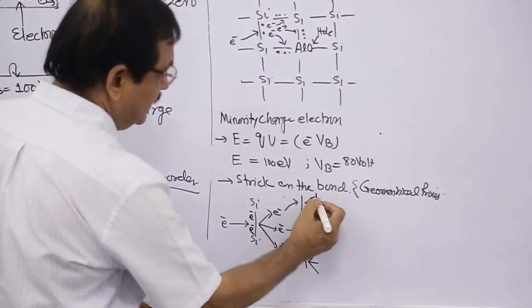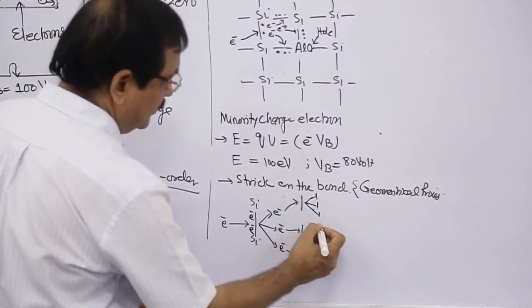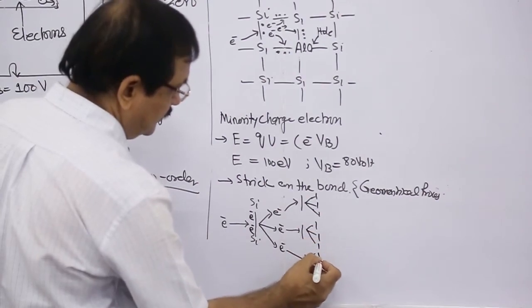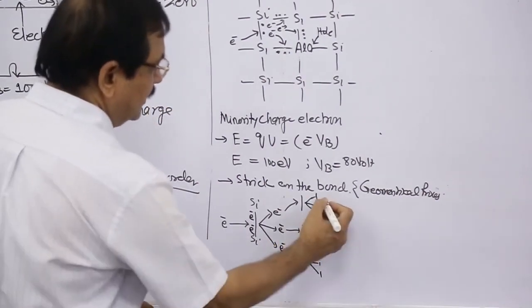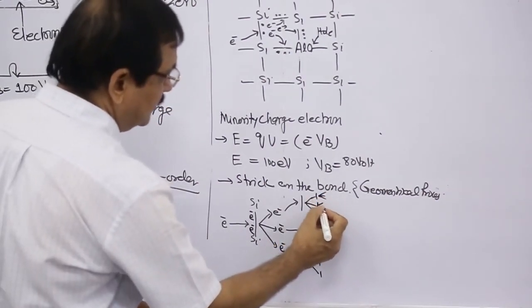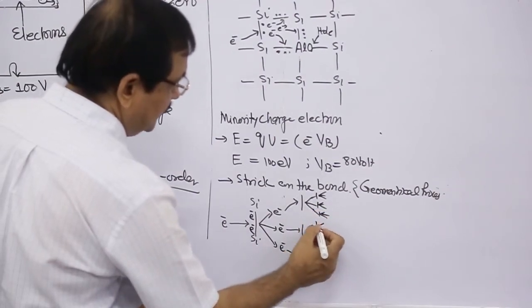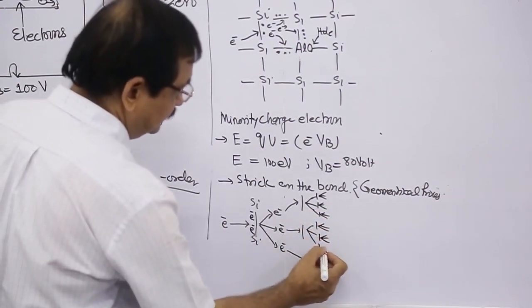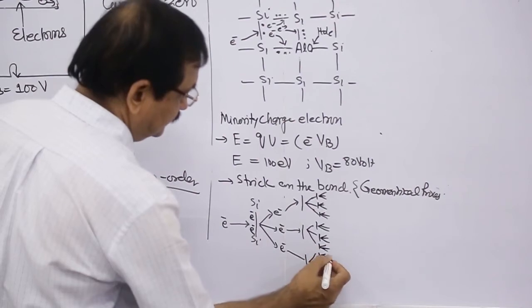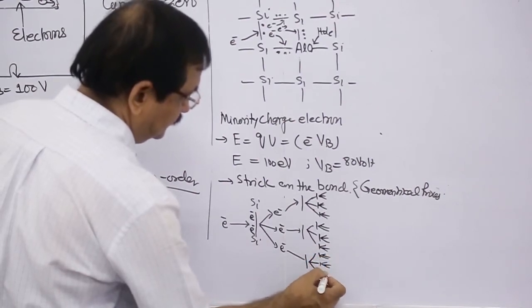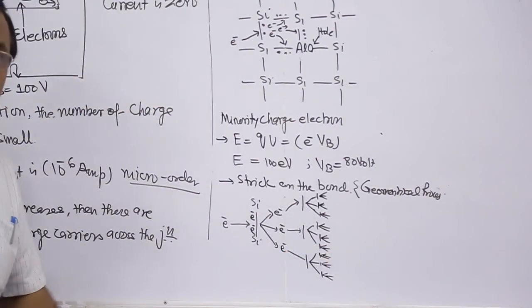Again these 3 electrons break, and you have again this kind of diagram.